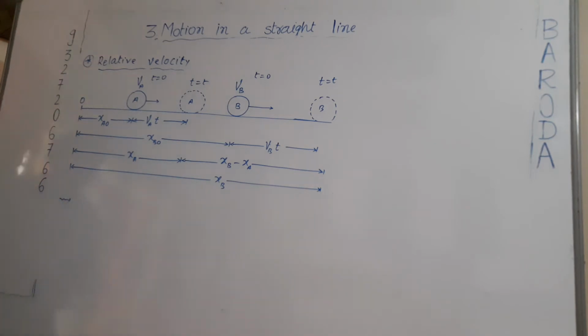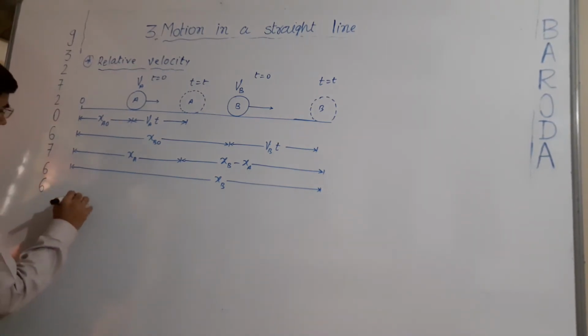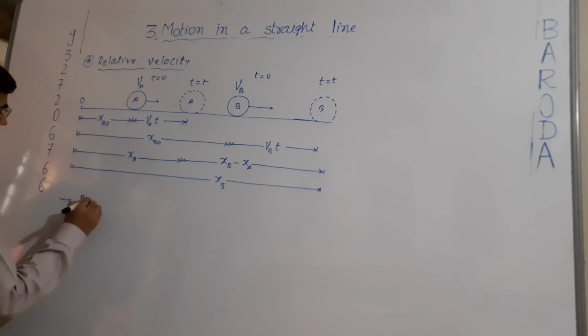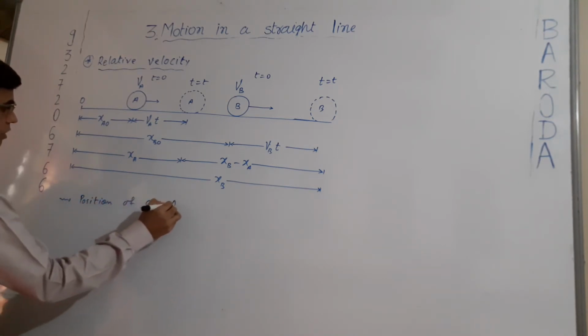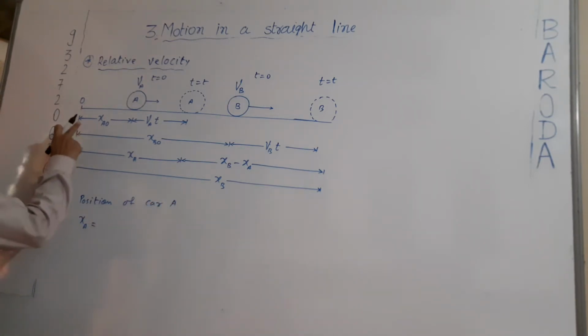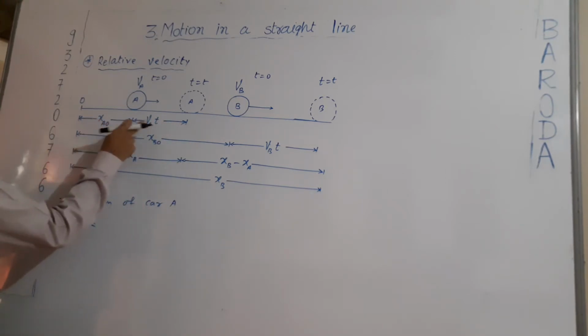Sorry, the position of car A at time t is XA equal to XAO plus Va into t.